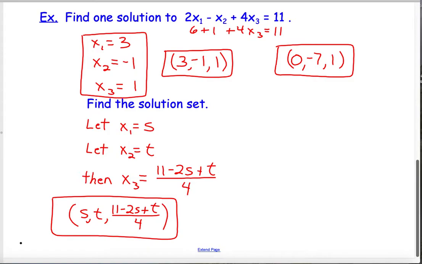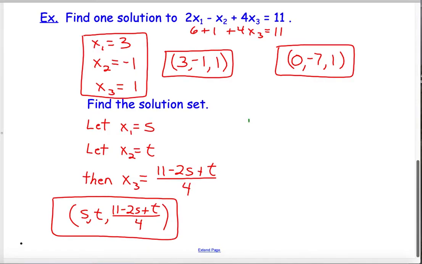So we could have done this a little differently. What if, on the other hand, I said, oh, you know what? I'm going to let x sub 1 equal s, and I want to let x sub 3 equal t. Why would I want to do that? Well, if you look at the equation, the x sub 2 has a coefficient of 1, so that'll be a little easier to solve for. So in that case, x sub 2 is going to equal 2s plus 4t minus 11.